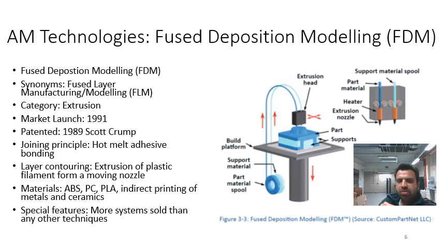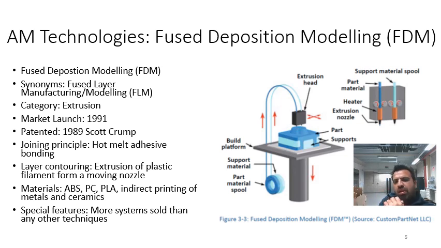This was launched in 1991, so roughly 30 years ago. It was patented by Scott Crump in 1989. The joining principle for the extruded lines or rods and the successive layers is based on adhesive bonding of hot melt.